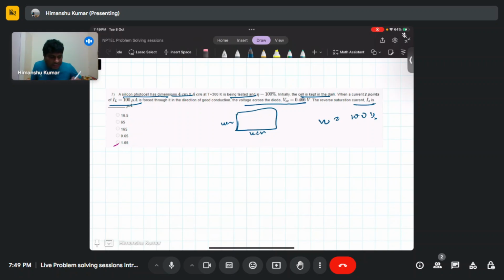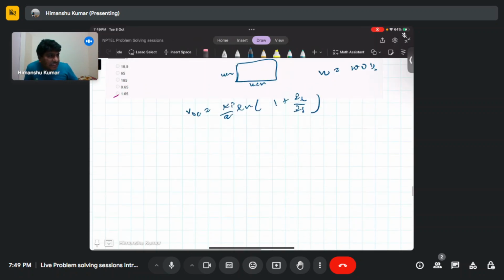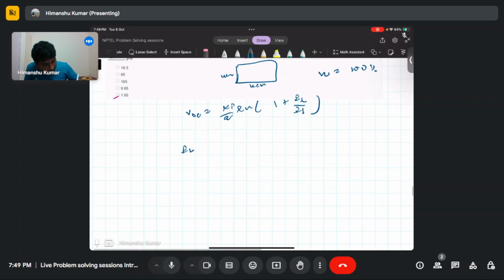So basically, the IL is given, we need to find IS in the solar cell, and VOC is given. You can get the VOC equation as KT by Q times ln of 1 plus IL by IS, and from that IL by IS becomes the exponential of VOC divided by KT by Q, minus 1.